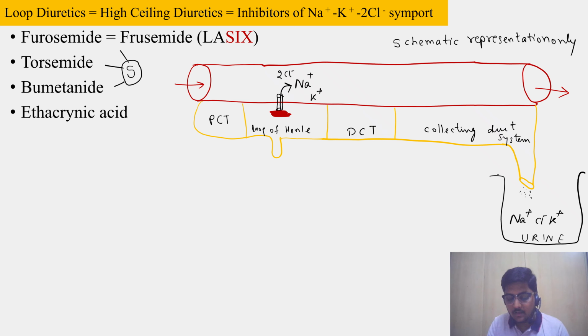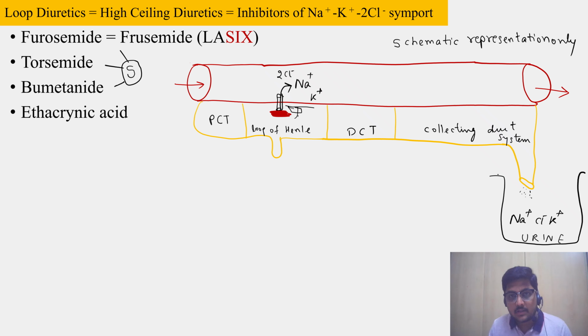But one more thing also happens along with the sodium, potassium and 2 chloride importer. Here, for our understanding, I have drawn a single line, right? In fact this is a two-cell layered membrane. On the luminal side, the nephron also has one cell, right? So first these have to pass through this one.